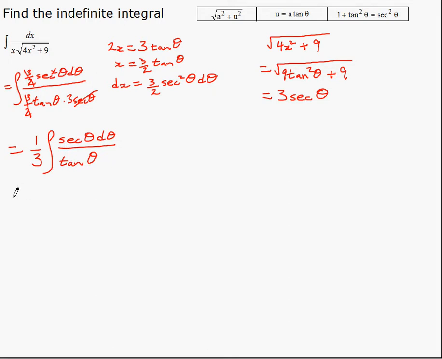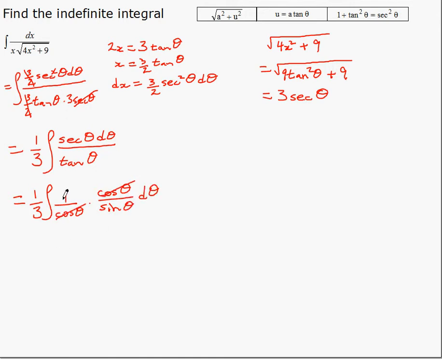Well, secant over tan, often the best thing to do here is to change everything to sine and cosine, so that's 1 over cosine theta times 1 over tan, which means the reciprocal of tan, which gives us cotan, or cosine over sine, times d theta.